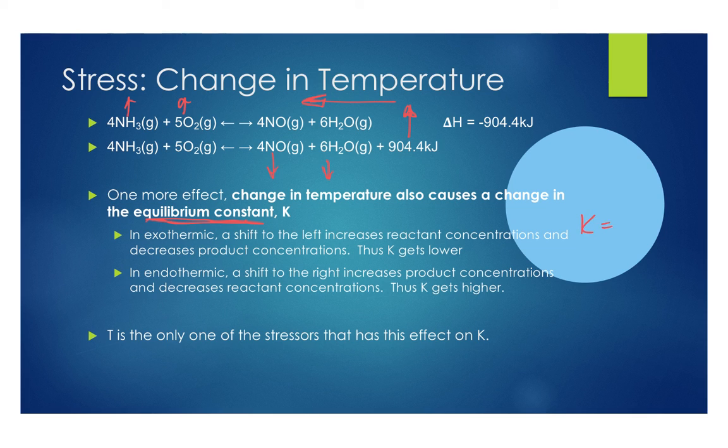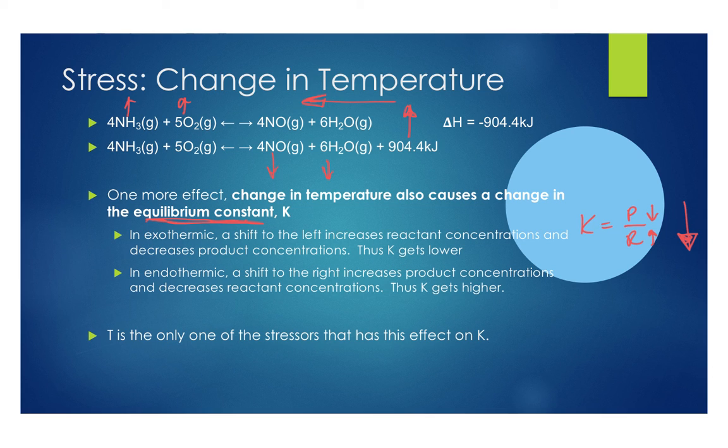Thus, if we have K equals products over reactants, and the products are going down and the reactants are going up, what happens to K overall? K gets smaller. Okay, so in an exothermic reaction, adding heat is going to make K, the equilibrium constant, lower.